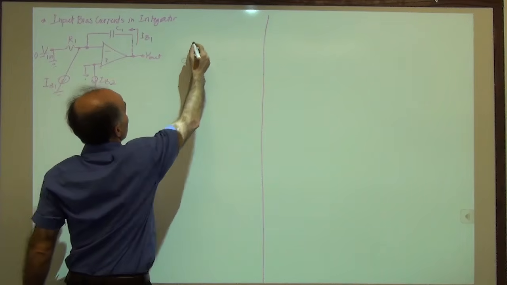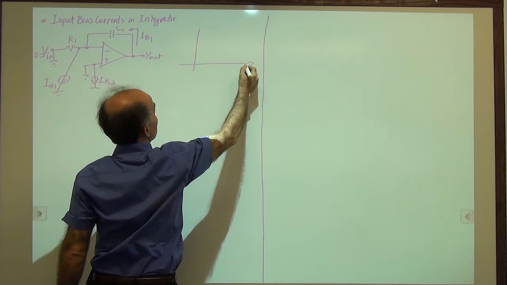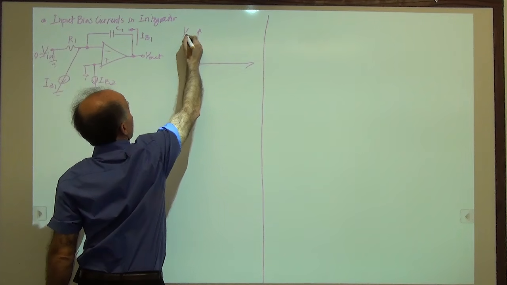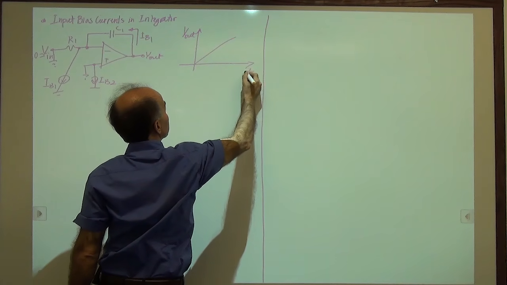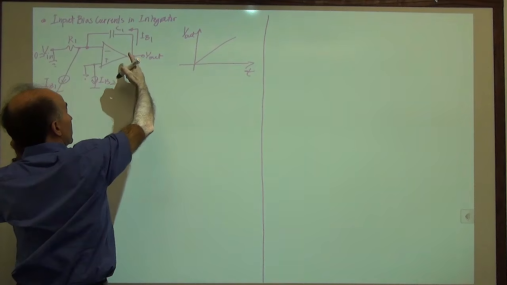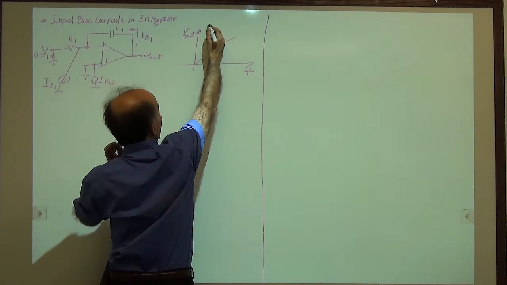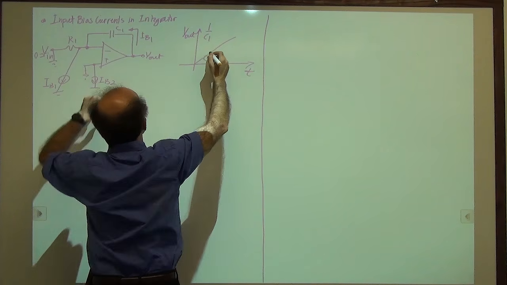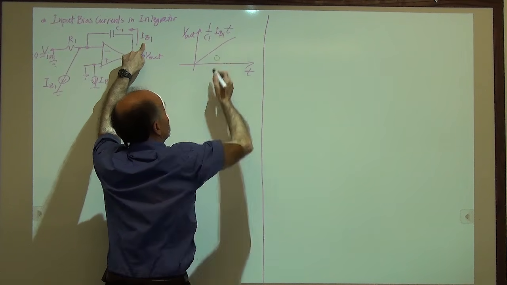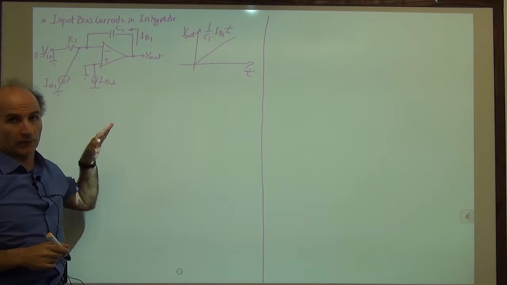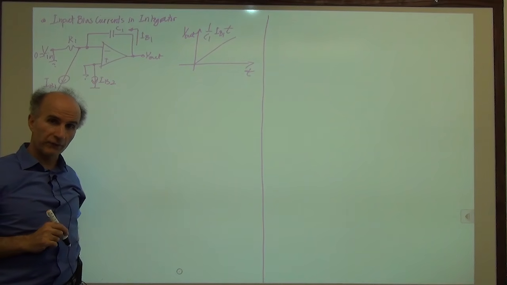So what we see here is that V out also grows with time like this, and we can express it as 1 over C1 times this current times T. So that's the equation for that waveform.